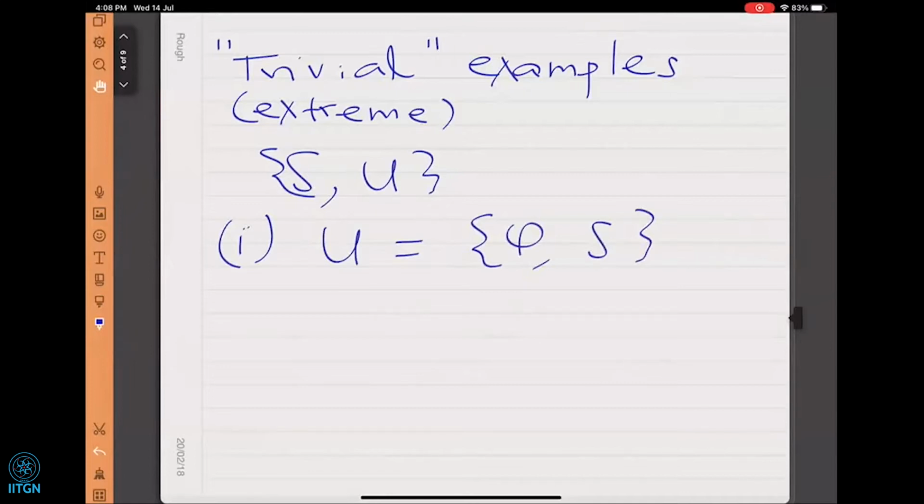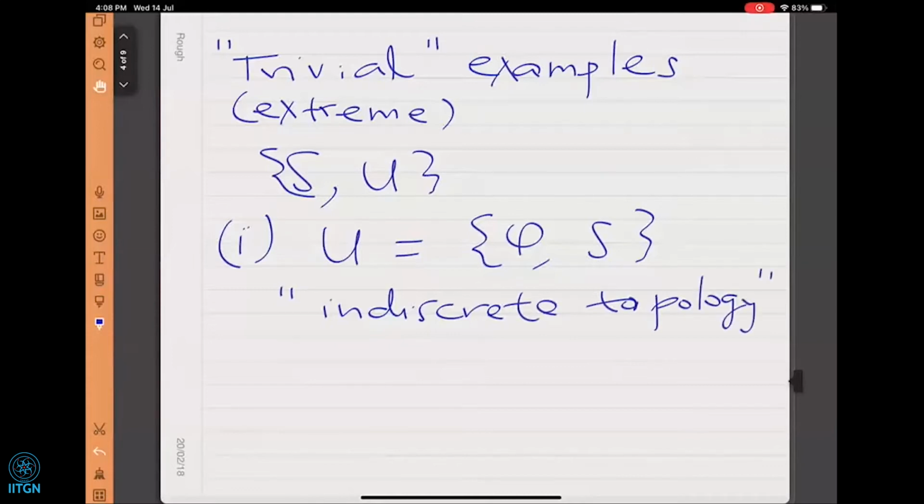So it's a topology in which there aren't many open sets. The only open sets are the empty set and the full set. It's easy to verify that this satisfies all the axioms. So this is a topological space, and it's well defined on all sets S. And it goes by the name, which I think is meant to be slightly humorous, of indiscrete topology. Sounds a bit like a pun. Indiscrete with a different spelling has a different meaning, but anyway, this is what it's called.